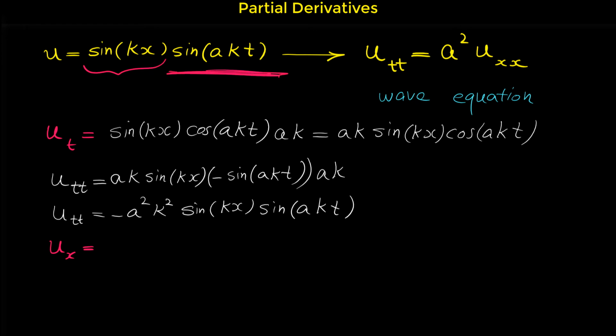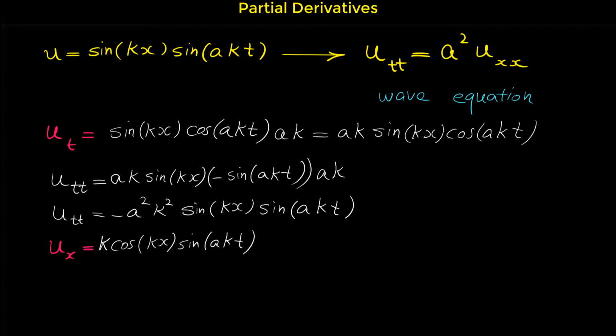You don't need to use any product rule for finding the derivative of u with respect to x, because only x is here and this is a constant. The derivative of sine is cosine of kx. Don't forget to multiply by the derivative of the inside. The derivative of kx with respect to x is k, and I prefer to put k here. And of course we multiply this by sine of akt. So u sub x is this expression.